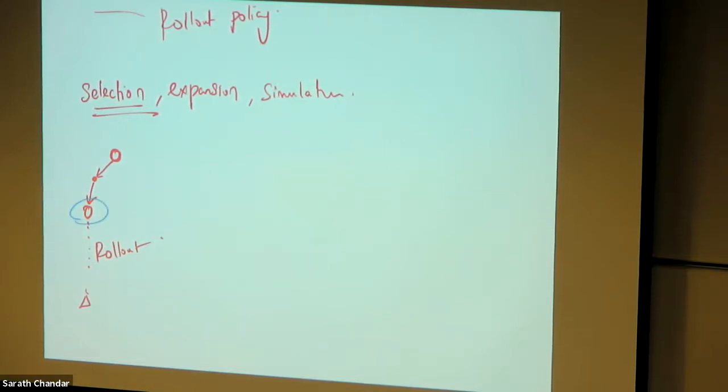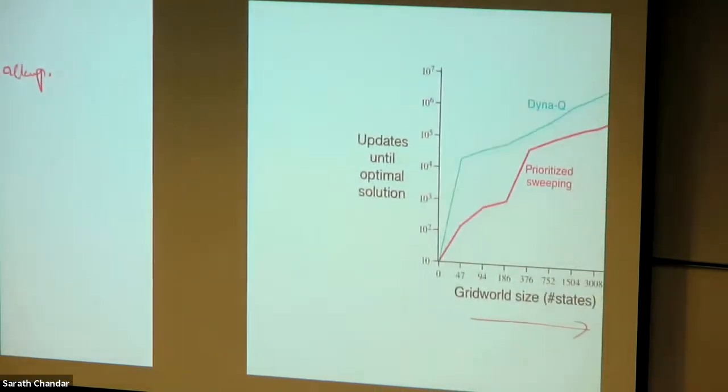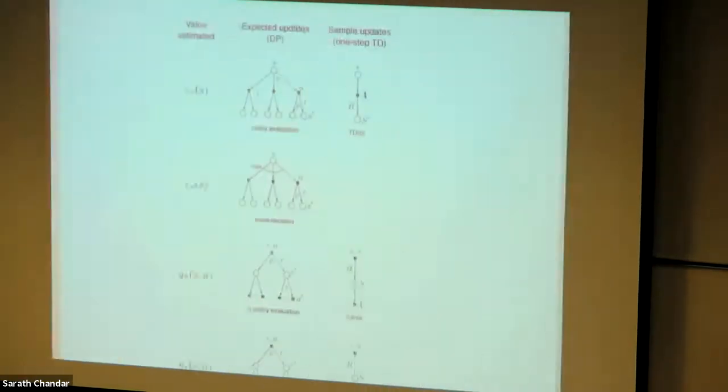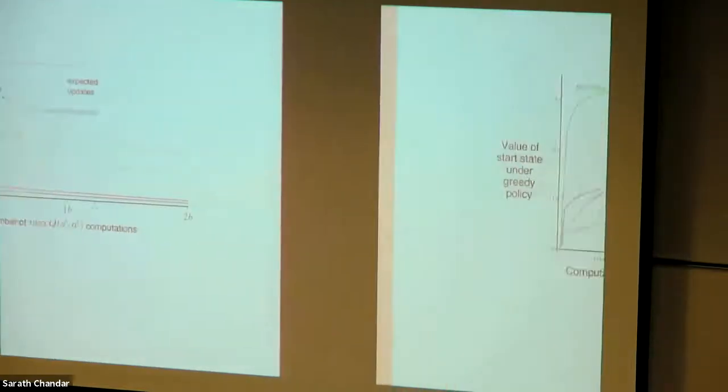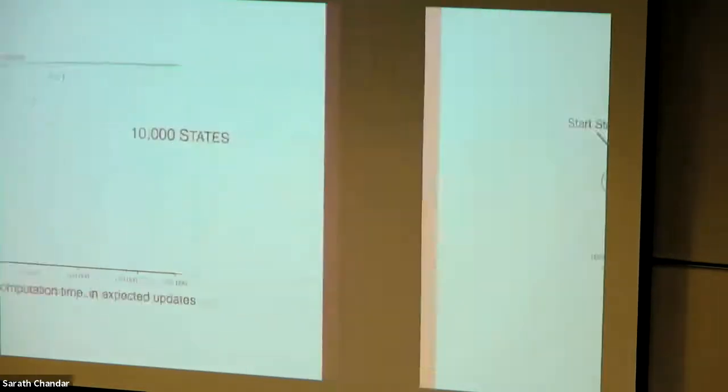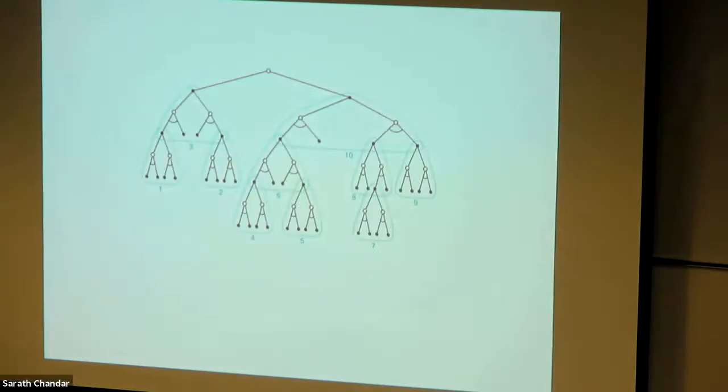Now in the final stage, I'm going to do backup, which means I'm going to back up the value to that action. Is that clear? So what have I done here? Now let's see how this works with another example.